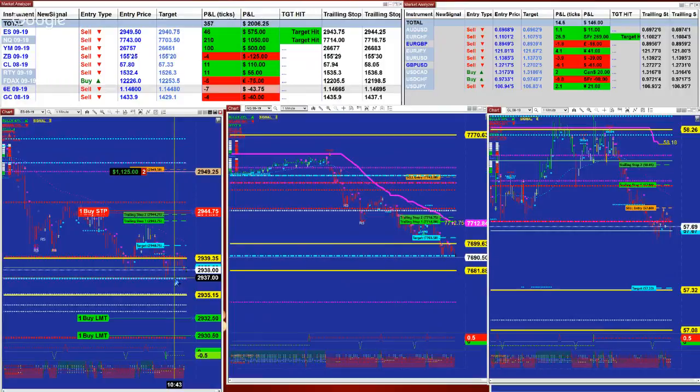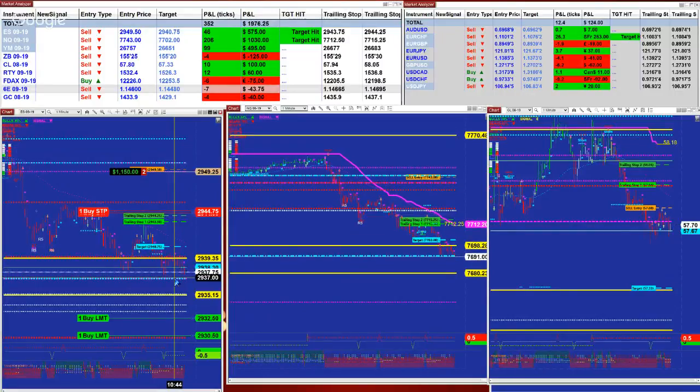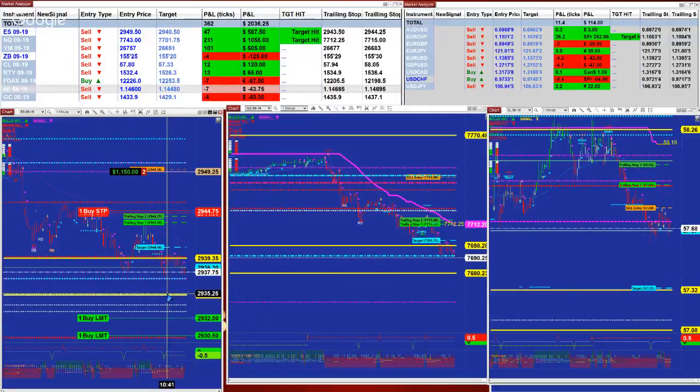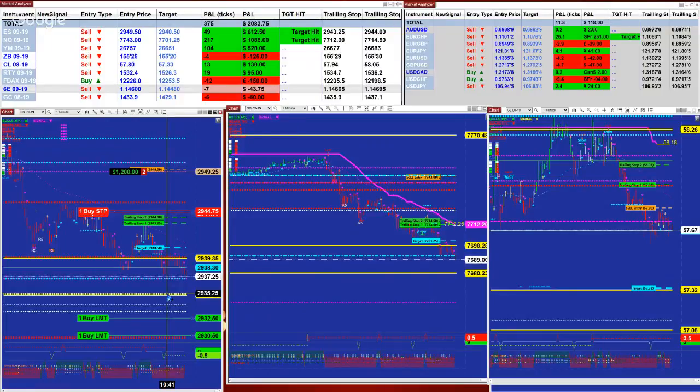This is the area where you can take a micro account reversal. If we break the 37 on the ES, look for the 35, and 35 is also a good place to take a reversal. We'll see.